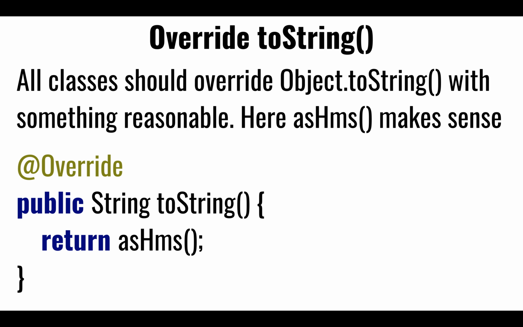It's also a domain name that makes it explicit that it is being used for that purpose in this domain of duration, that is hours, minutes, and seconds. Whereas toString is too generic, I don't really know what it is, whereas asHMS makes it explicit that this is the format I'm going to give you back.